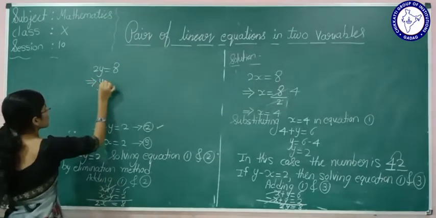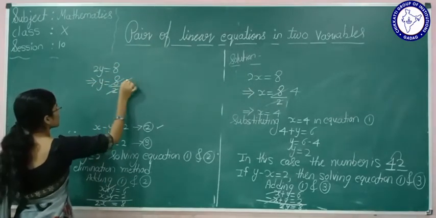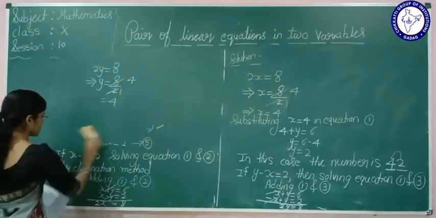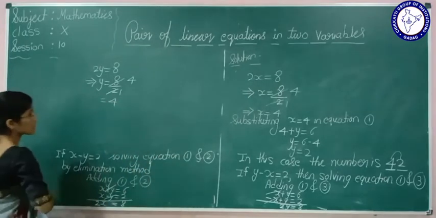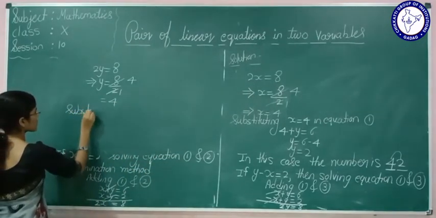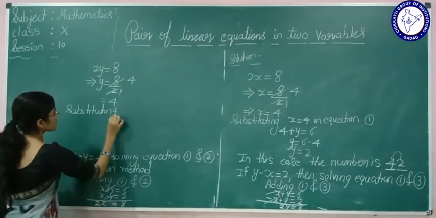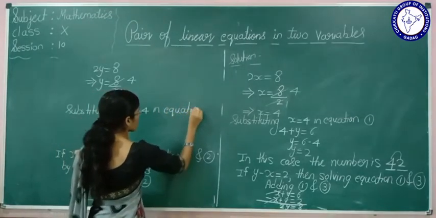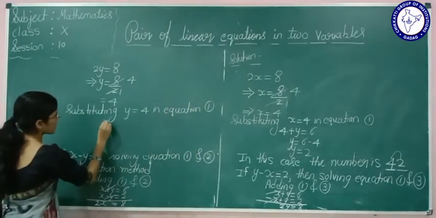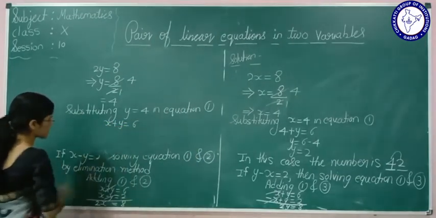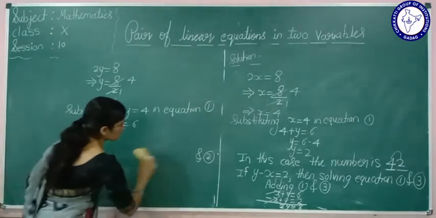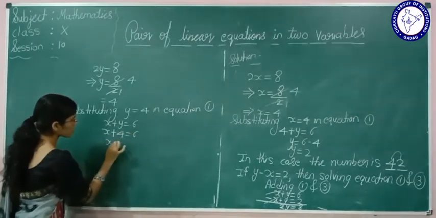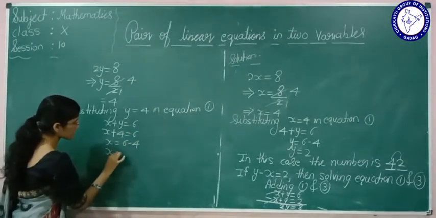This implies y is equal to 8 divided by 2. 2 ones are 2, 2 fours are 8, that is nothing but 4. Okay. Now substituting y is equal to 4 in equation 1. What was our equation 1? That is x plus y is equal to 6. Yes or no? This was our equation 1. x plus, what is y here? 4 is equal to 6. x is equal to 6 minus 4, what is it, student? x is equal to 2.